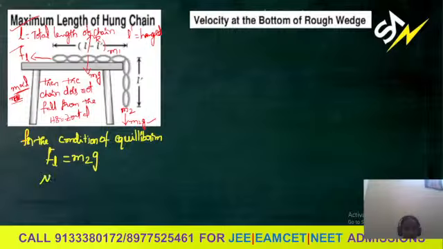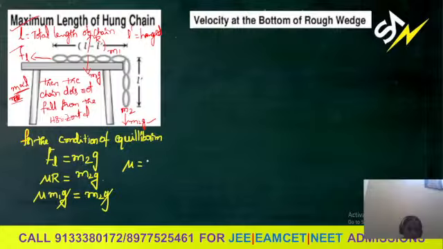And the maximum limiting friction that develops is mu R, that is equal to M2G. Now, R is the reaction force, balanced by the weight of the mass on the horizontal surface. That is, mu into R, balanced by M1G, which is equal to M2G. So G cancels, then the coefficient of friction is equal to M2 by M1.